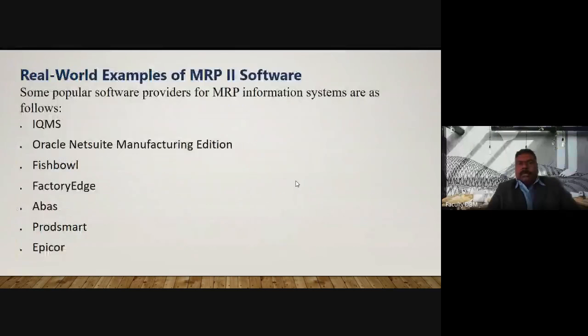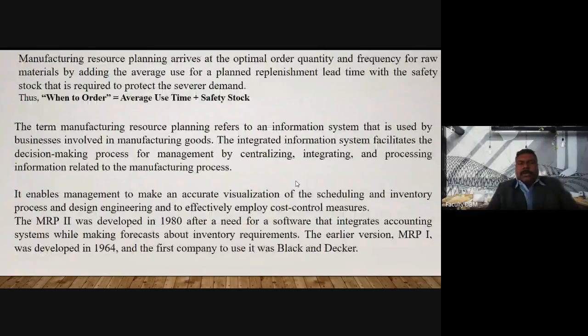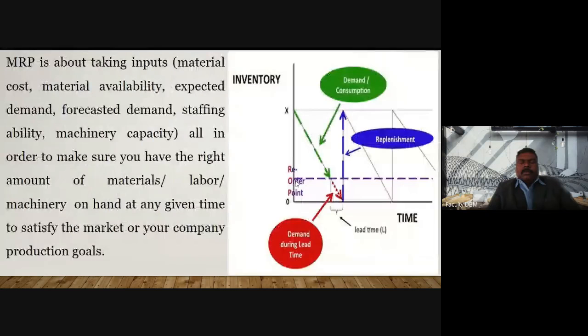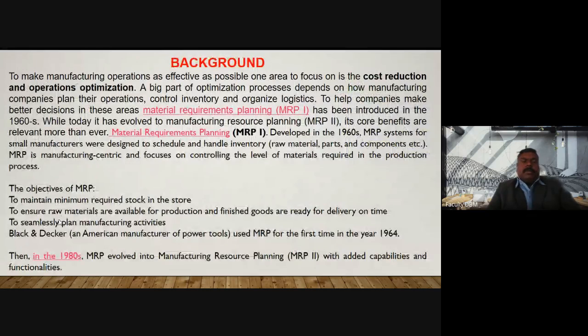I can show the objectives of MRP1 once again to revive your knowledge. To maintain the minimum required stock in the store, that is its first objective, and to ensure availability of raw materials in the production area, and finished goods for the delivery time, and seamlessly plan for manufacture.